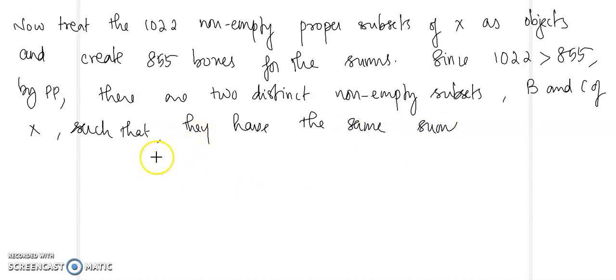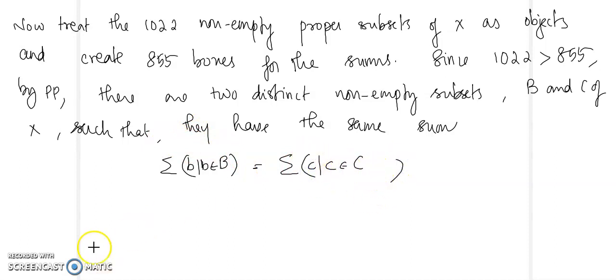So the summation over b, such that b belongs to B, will be equal to the summation over c, such that c belongs to C.